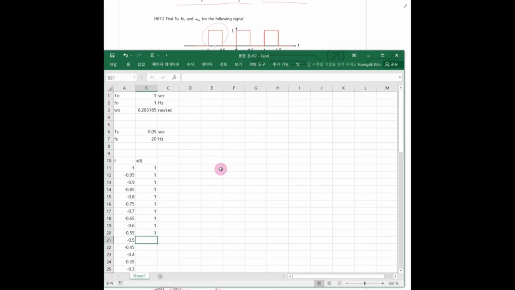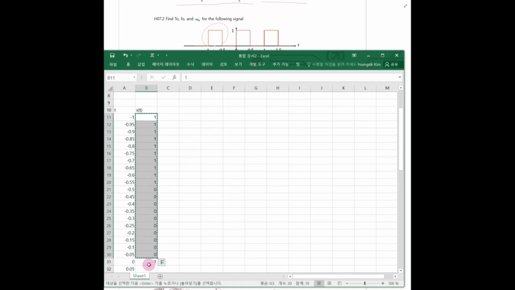From here I would like to shift down to 0, 0, 0, 0, 0. This is actually t equals 0. So here again it is 1, and it should be repeated like that. It's a periodic function, so another period and another period, and finally it should be 1.